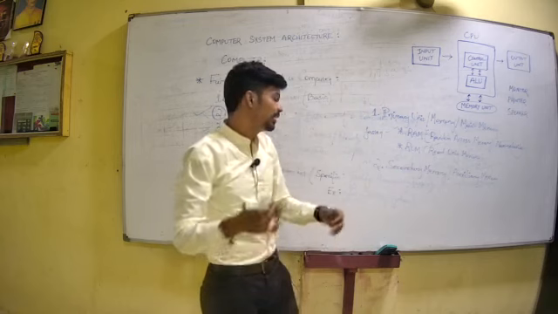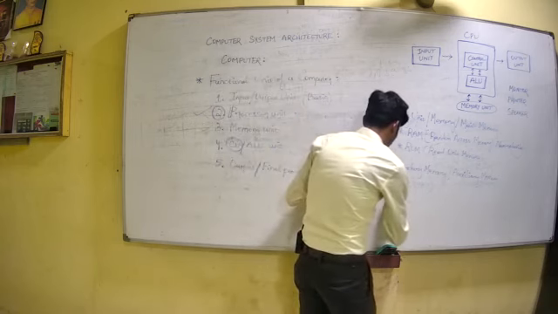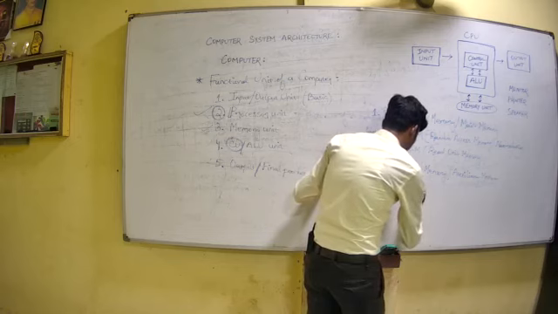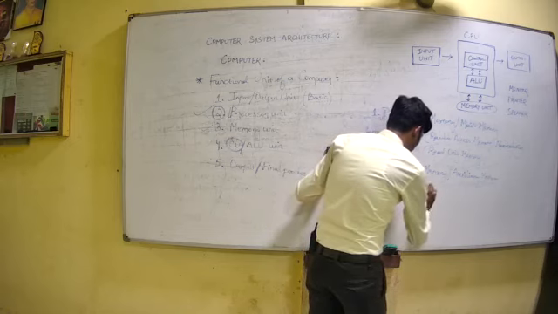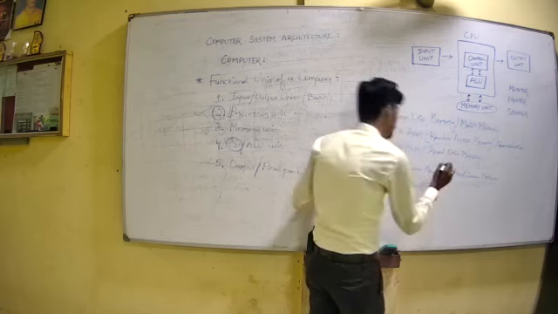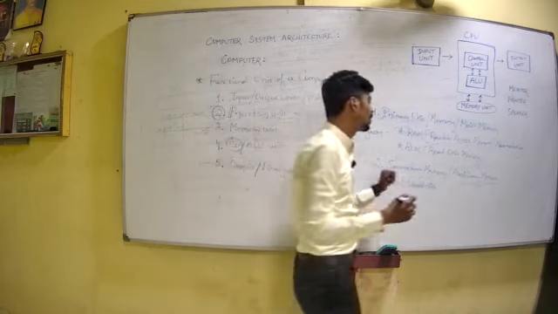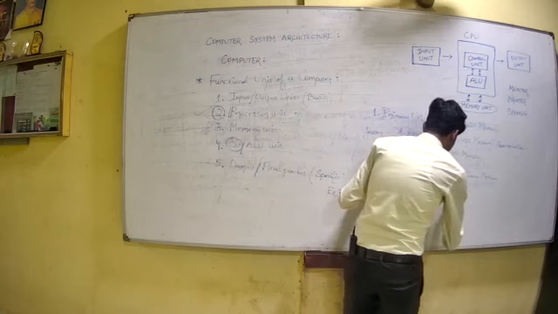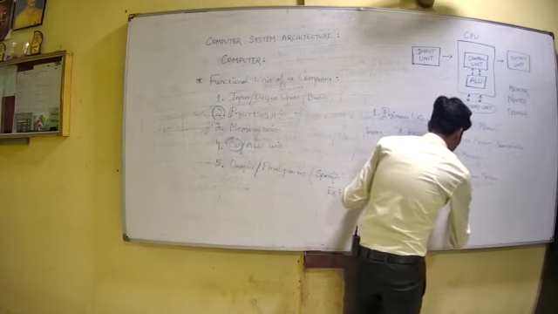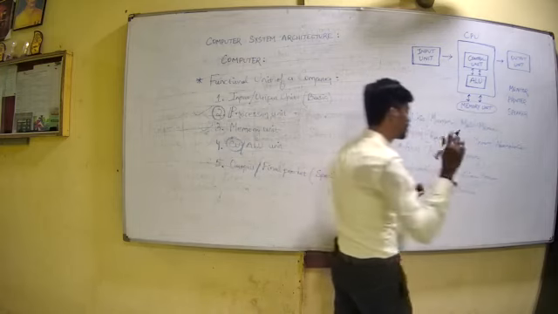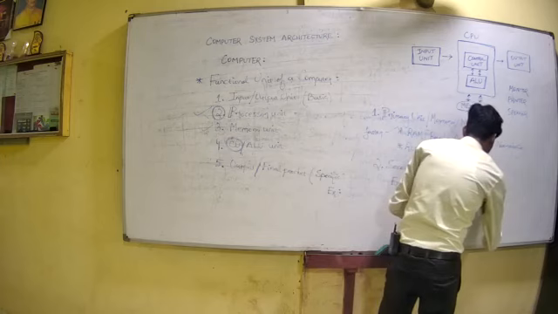The secondary memory examples can be your hard disk, hard disk inside the CPU, or CD. Nowadays we are using pen drive. It can be small memory cards.